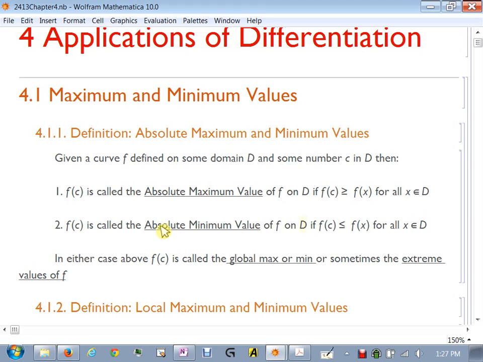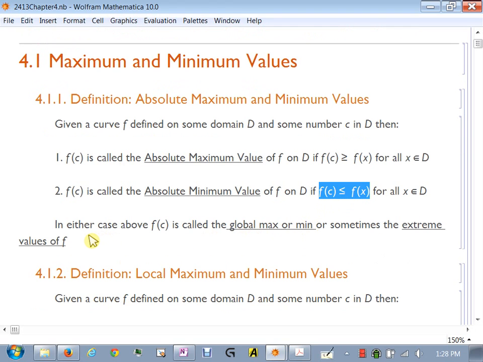On the other hand, you'll call it the absolute minimum if it is less than or below every other point on the graph, then it would be the absolute minimum. So we're just talking about the highest and lowest points on a graph. That's it. In either case, f of c is called the global max or min. They're sometimes also called the extreme values of f.